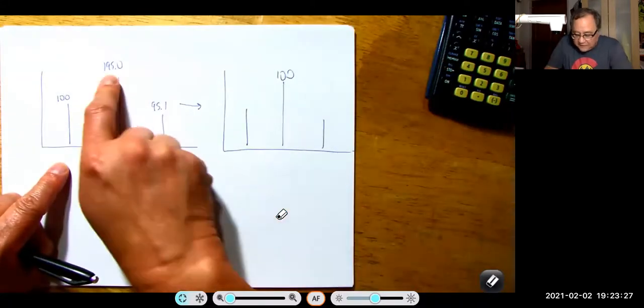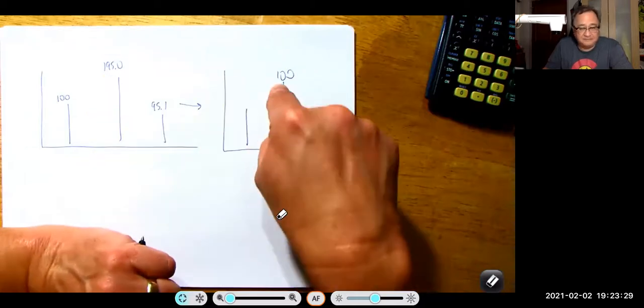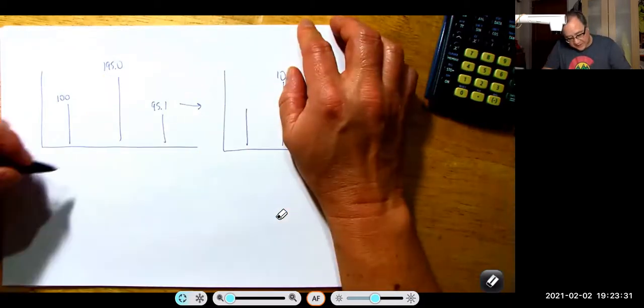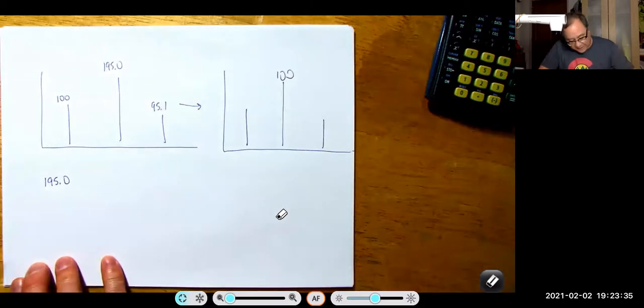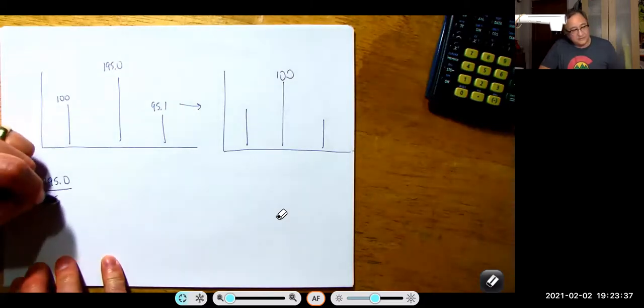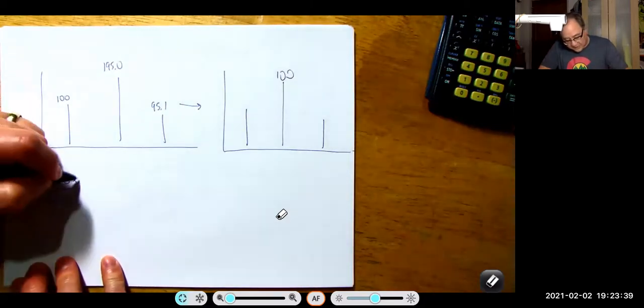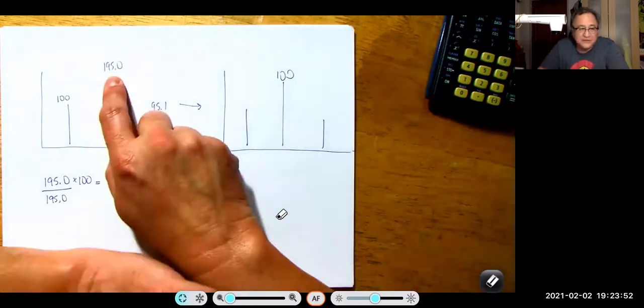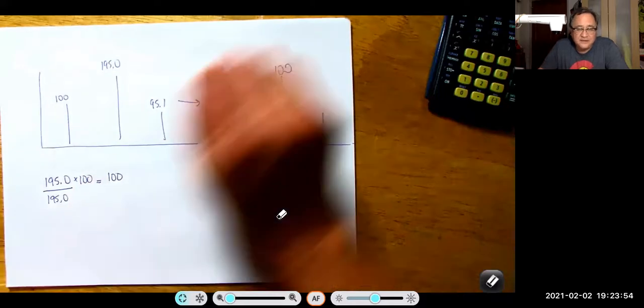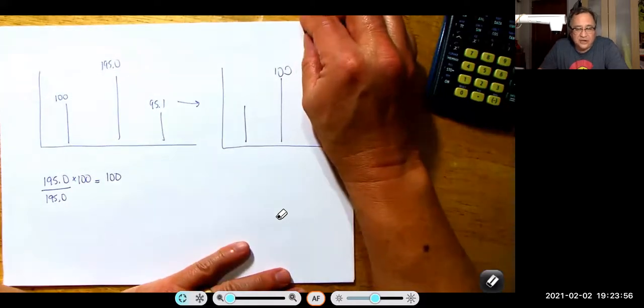How do I turn 195 into 100? Here's the simple answer. I take 195.0, I divide by 195.0, and I multiply by 100, and I get 100. I know it looks like I'm cheating, but I'm not. Any questions about how I turn 195 into 100? Yes or no?